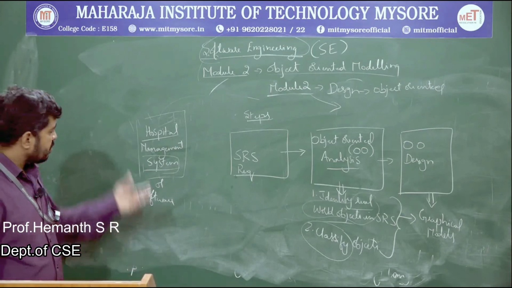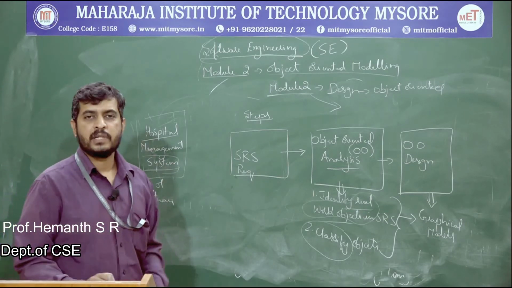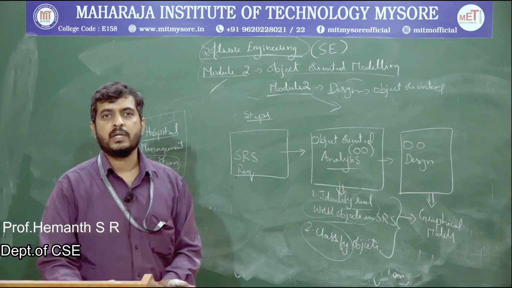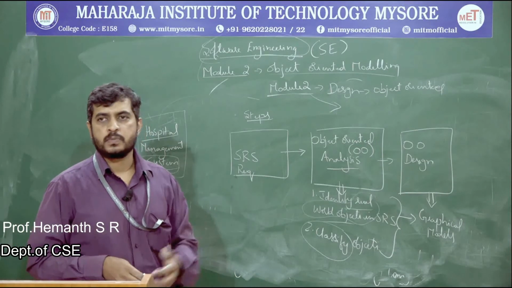Now, if Columbia Asia wants a hospital management system, they will approach a software company. For example, they may approach TCS and put forward a request that they need a software to manage all the operations in their hospital.